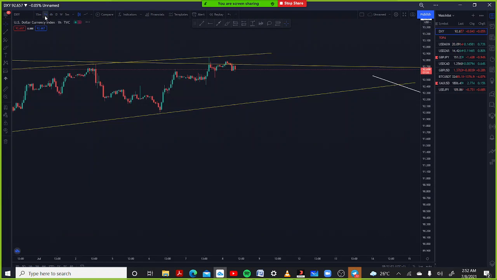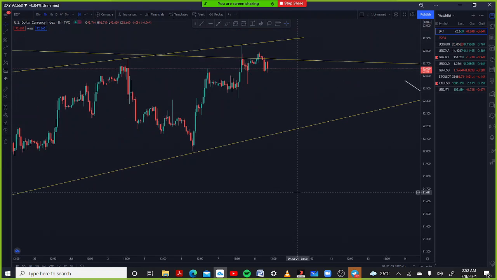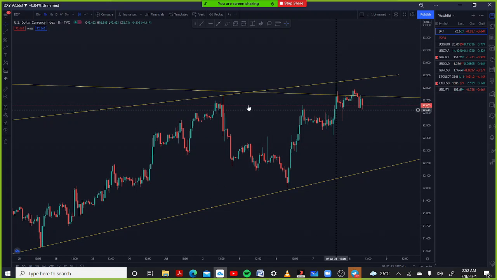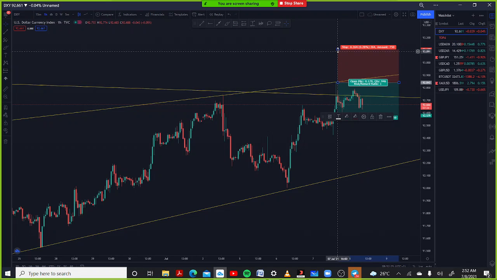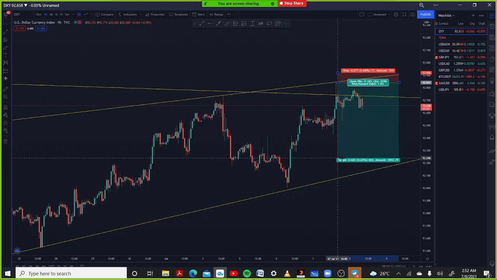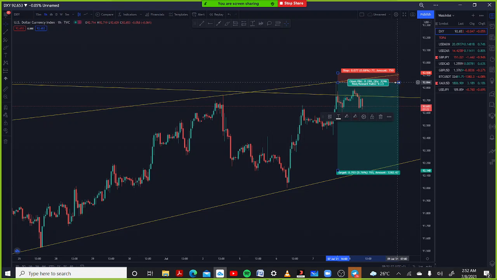This is H1. On H1 here, this would have been our entry, here with our stop loss a little above, and take profit somewhere around here for a start.